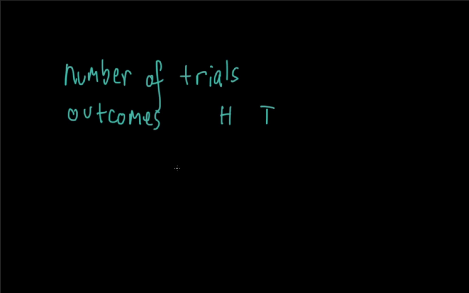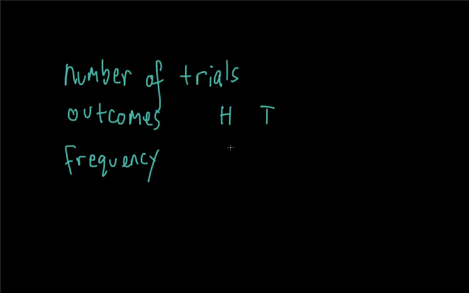Okay, the next term that we're interested in is called the frequency. Frequency is the number of times that an outcome is observed, and this is with respect to a particular outcome.